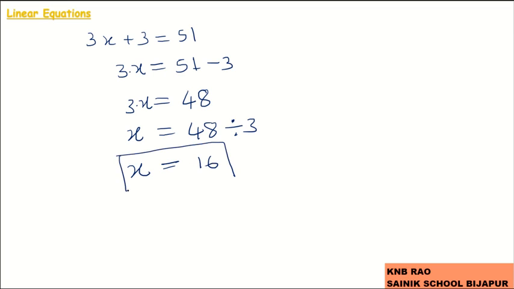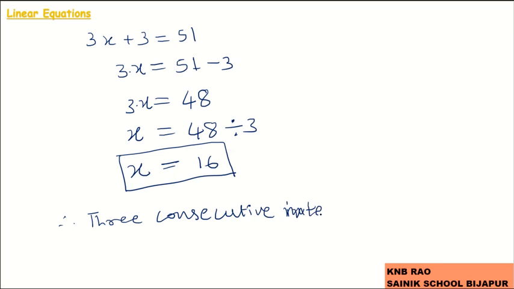The moment you get the x value, the other two consecutive integers follow. Therefore the 3 consecutive integers are 16, next to that 17 and 18. This is how we conclude.